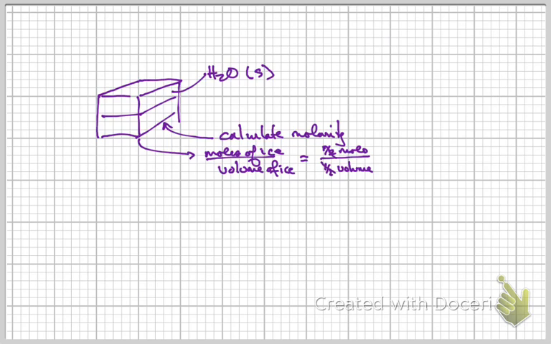So solids and liquids get used in chemical reactions, but their concentrations are constant. Okay? And the only thing that we use in equilibrium constants, K values, is concentrations that change.